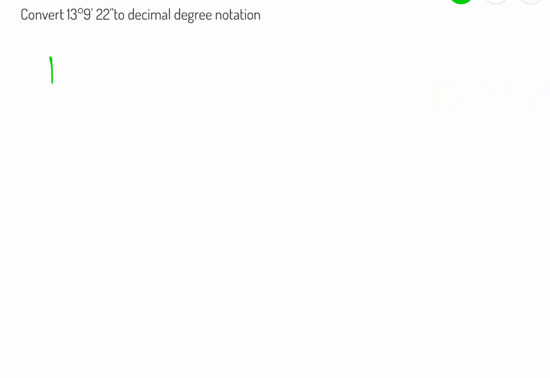What I mean by that is we have 13 degrees plus 9 minutes plus 22 seconds. The 13 degrees is already in degree form, so that's fine. We're going to drop down the 9 minutes here and convert it into degrees.